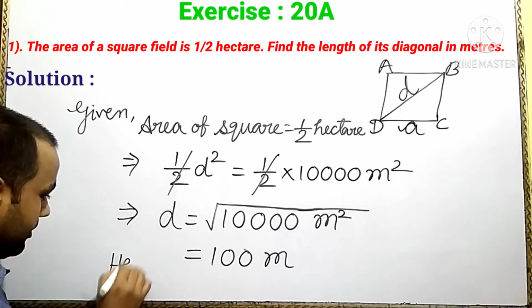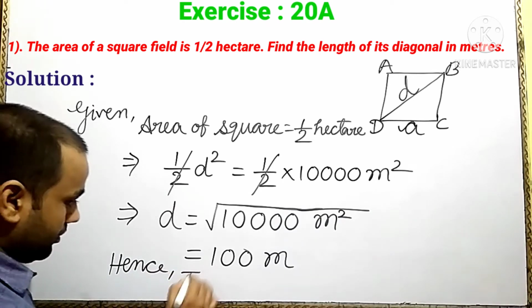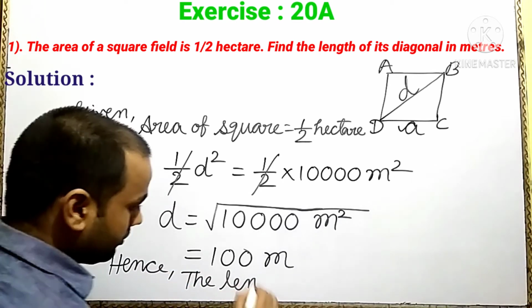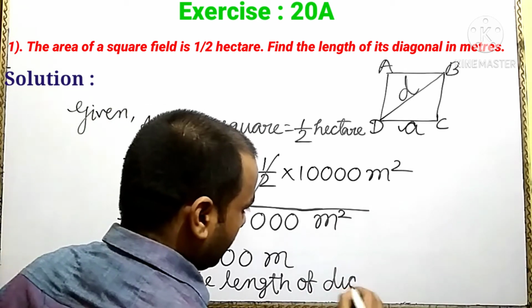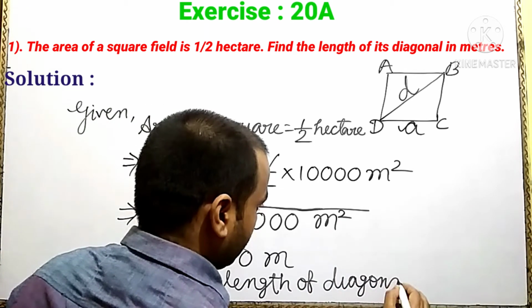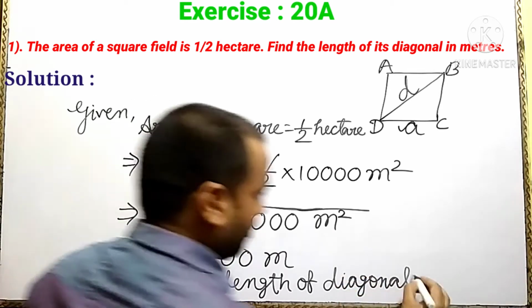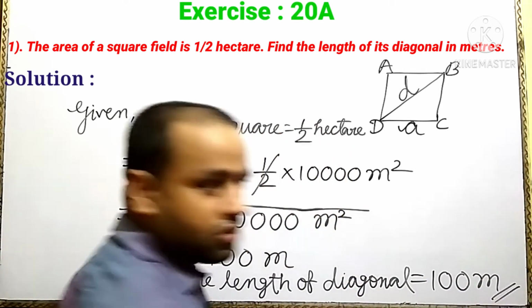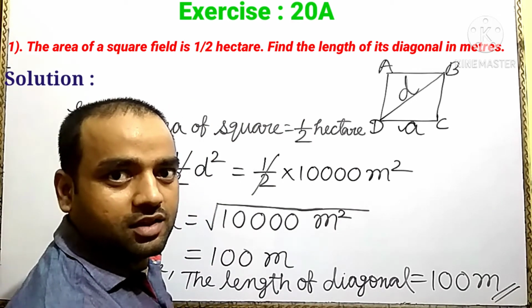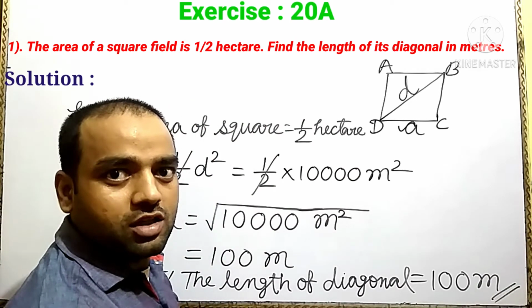Hence the length of the diagonal is equal to 100 meter. This is your required answer. Is it clear? Now let us discuss question number 2.